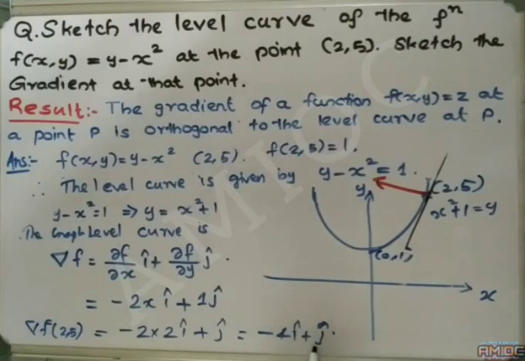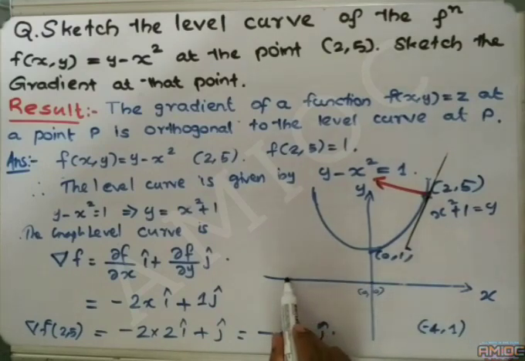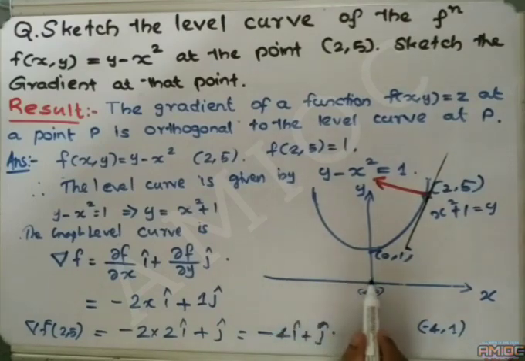If we plot this vector at the position 0,0, minus 4i plus j can be taken as the ordered pair minus 4, 1. That means the x distance is minus 4 and the y distance is 1.